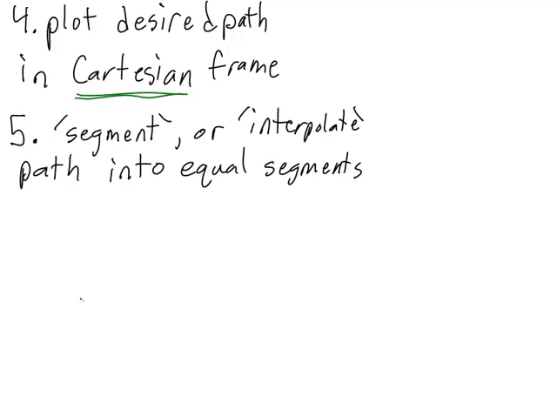So for example, let's suppose that you know that the start location is right here and the end location is right there, and you want to follow a roughly parabolic path between these 2 points. In step 5, I'm going to identify the points along this parabolic path that are equal distance apart from each other.